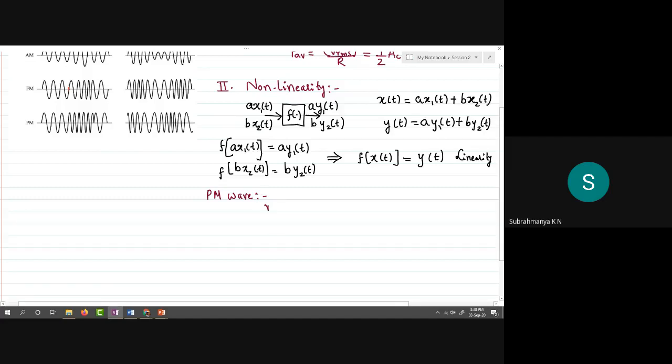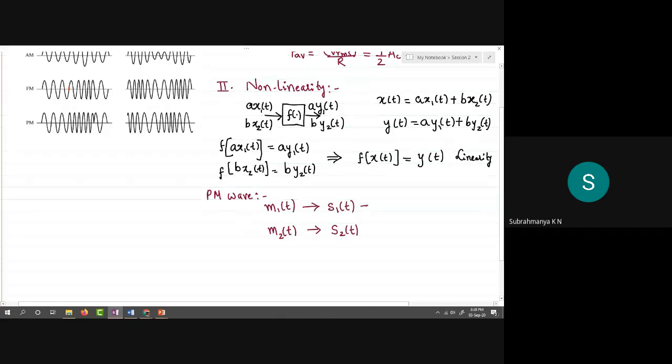So let's take two signals very similar to the previous case, m1 of t and m2 of t, two information bearing signals which are mutually independent of each other. After you process them through the modulation process, say m1 of t gives you S1 of t as a modulated wave, and m2 of t gives you another modulated waveform, which are independent of each other.